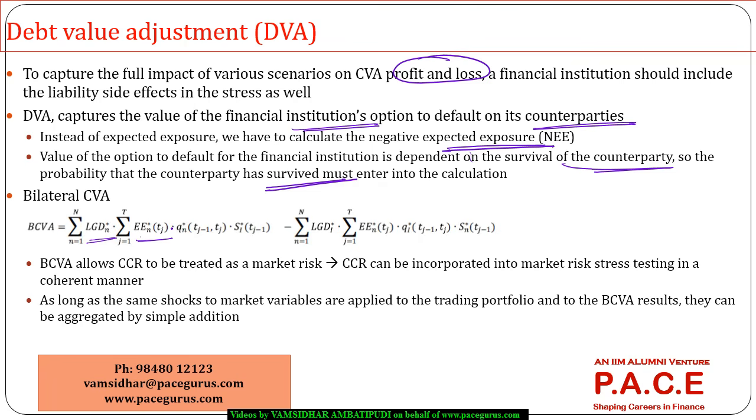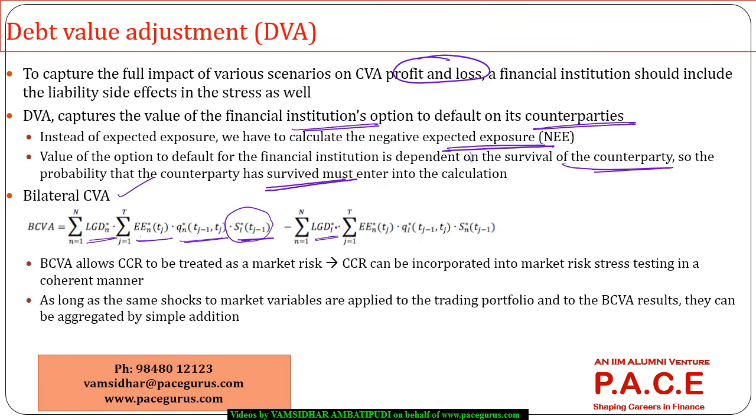Multiplied by the expected exposure at default of that counterparty, the marginal probability of default of that counterparty, and the probability that I am surviving before my counterparty defaults. I might have already gone out of business. So I need to consider this as an additional variable when I am computing the bilateral CVA.